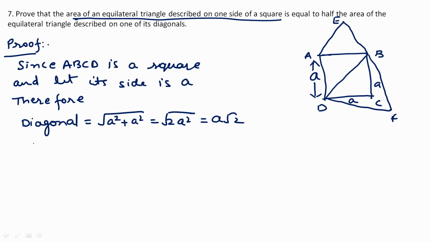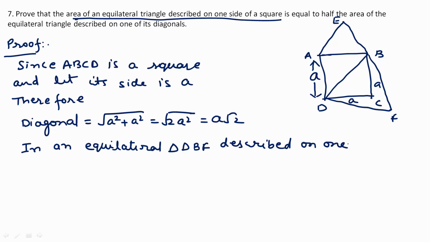Let's see, in an equilateral triangle DBF described on one of its diagonals, the side is equal to under root 2A.